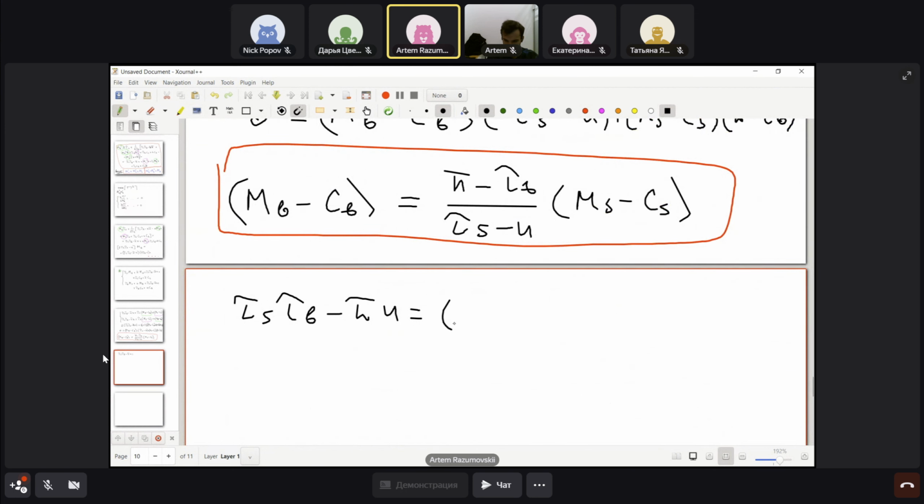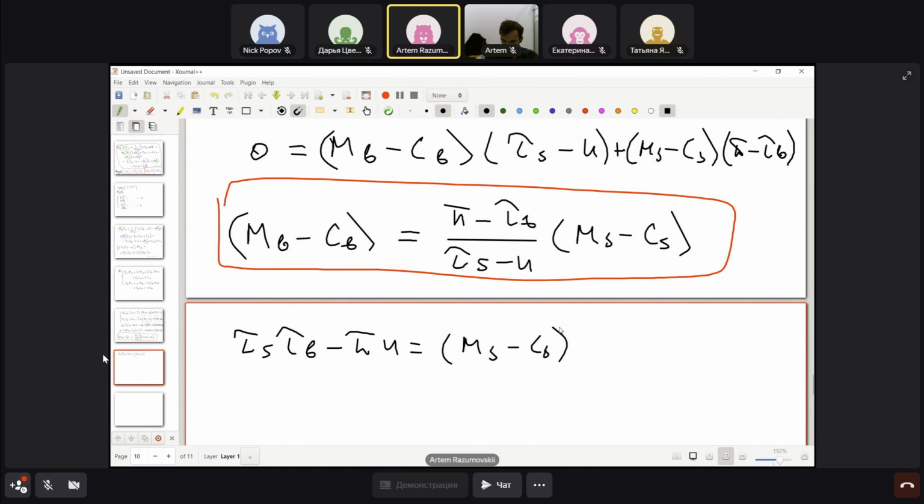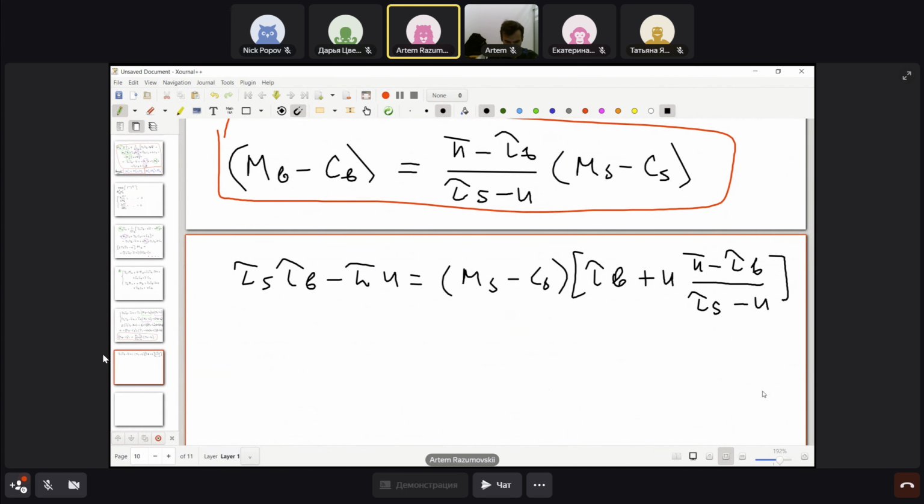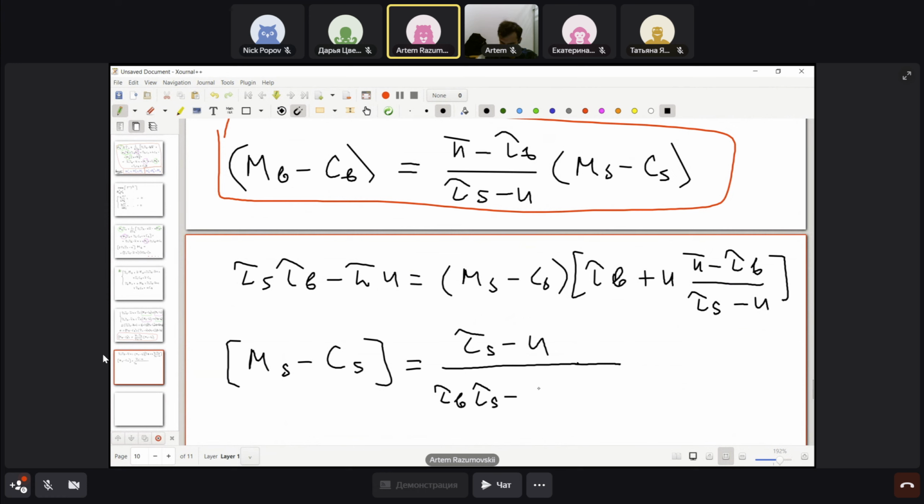Firstly we have our buyers, and then U. So we'll have here tau buyers, tau sellers, minus U tau buyers, plus UP, minus U tau buyers.